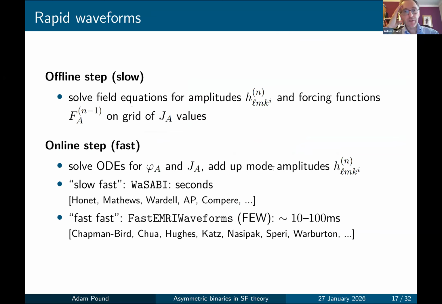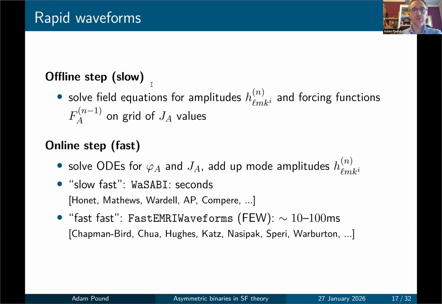So a big advantage of this framework is that it allows us to generate waveforms rapidly, as I mentioned. The reason is that it splits the waveform generation into an offline step and an online step. The offline step can be very slow, millions of CPU hours, for example, and the online step is very, very fast.